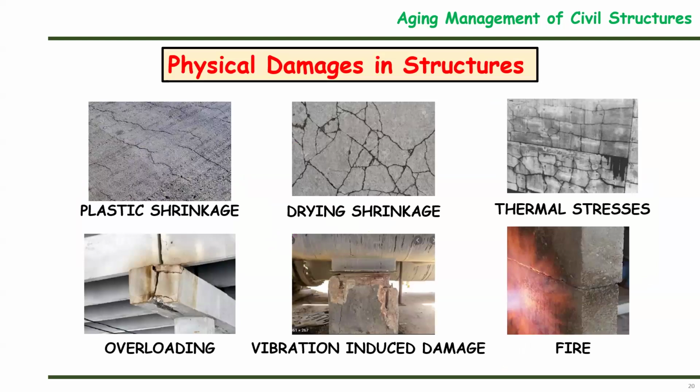This slide particularly shows the physical damages in the structures, and this may be due to plastic shrinkage, drying shrinkage, thermal stresses developed due to high temperatures. Damage may occur due to overloading, vibrations of any machinery or equipment, and damage may occur due to some fire.